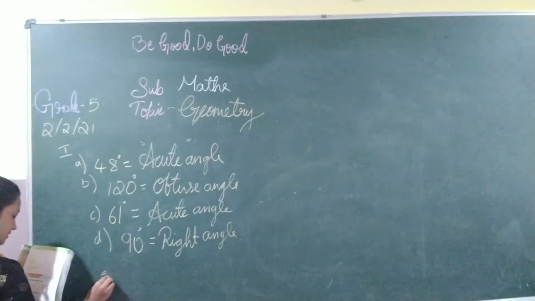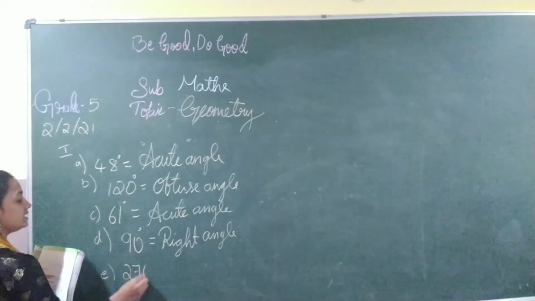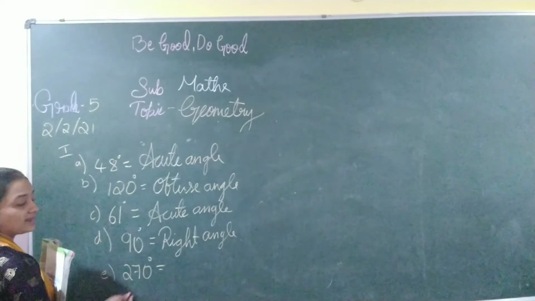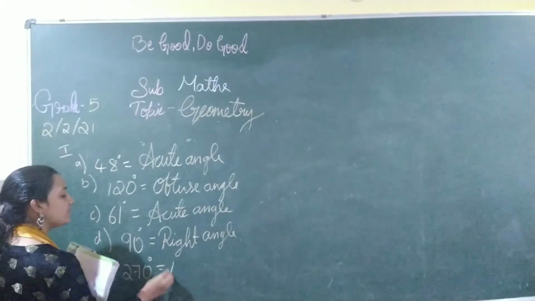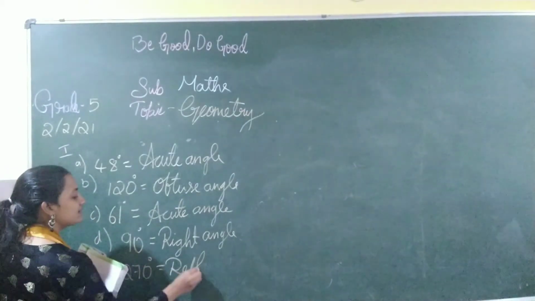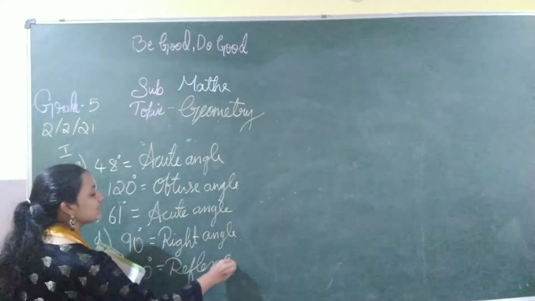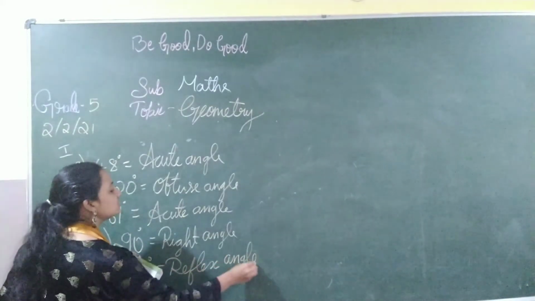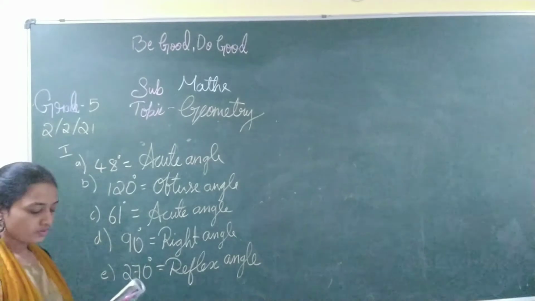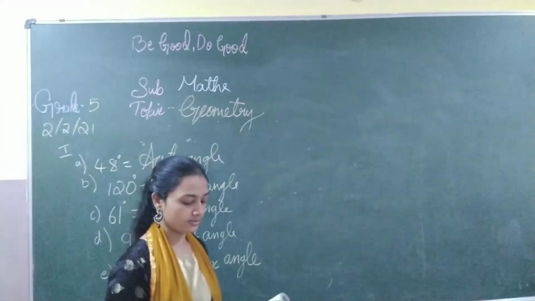And what is E here? It is 270. It is more than 180 degrees. So it is called a reflex angle. So I want you to try the next few problems.